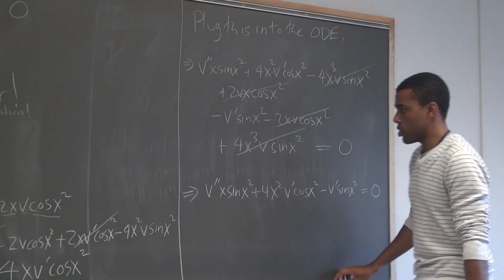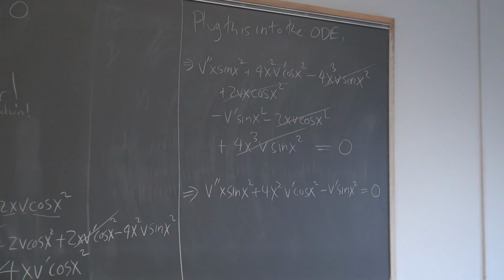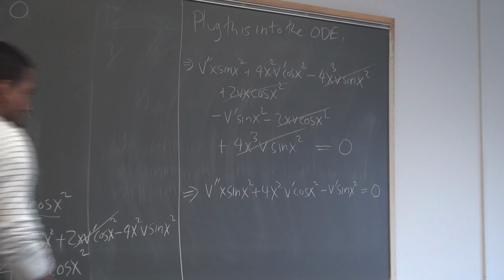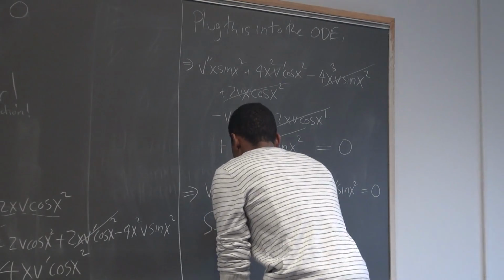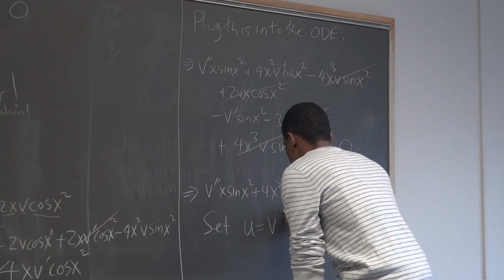So now what's the trick? Now we can reduce the order, right? You can do a substitution. u equals v prime. So u prime would be v double prime. So set u equals v prime.